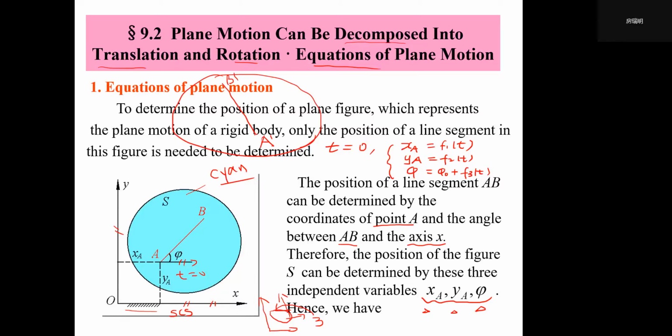So we will find the coordinate system will be different from the initial position. Its orientation, the angle between AB and X, also changed from phi into this phi prime. So that means we will have three equations to denote the plane motion.